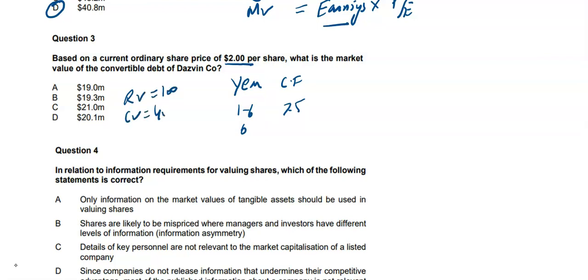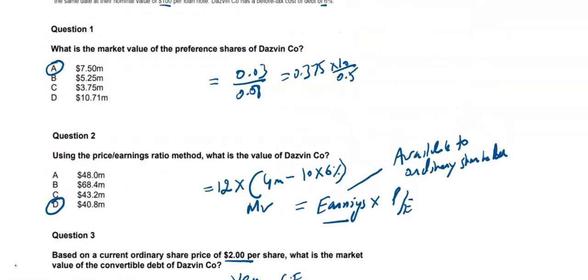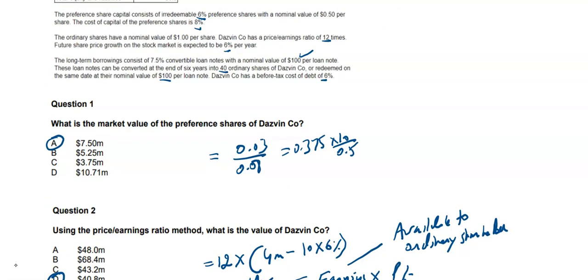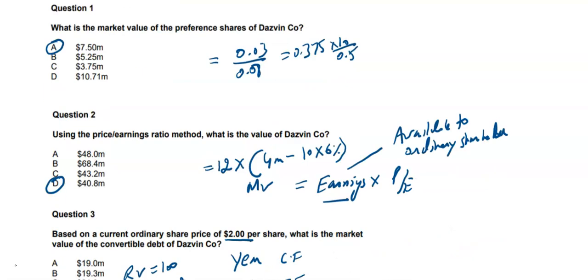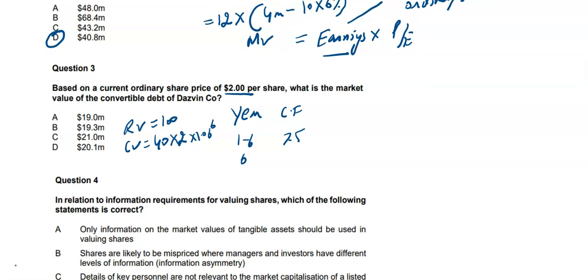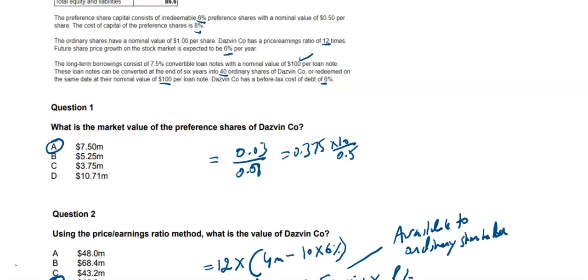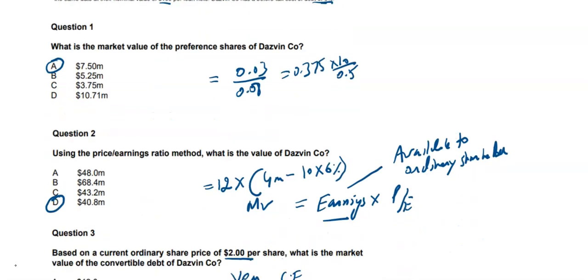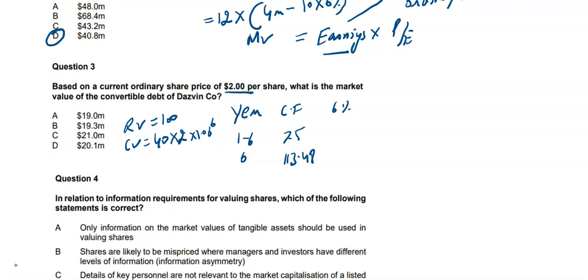The conversion value is 40 shares times 2, with the share price growing by 6%, which equals 113.48. You discount with the before-tax cost of debt of 6%, so 1.06 raised to the power of minus 6, which is 0.704.